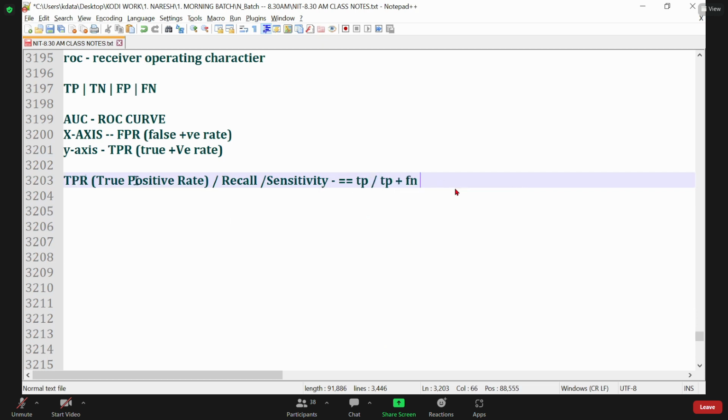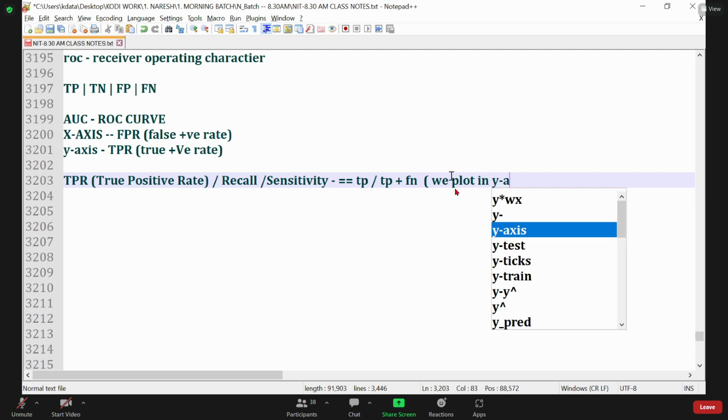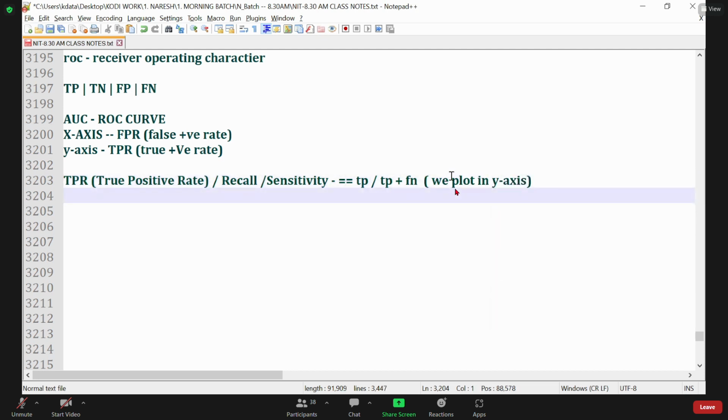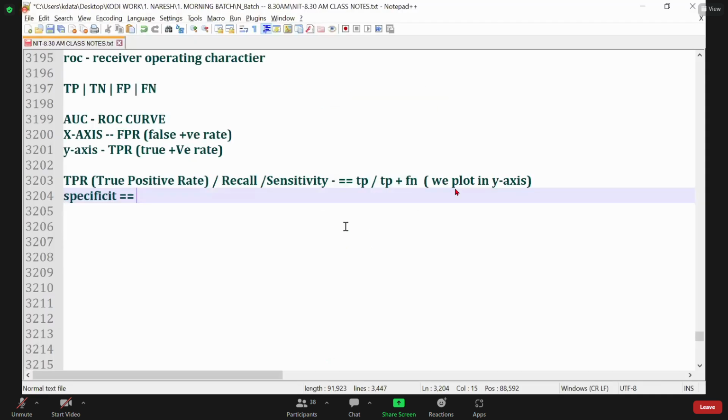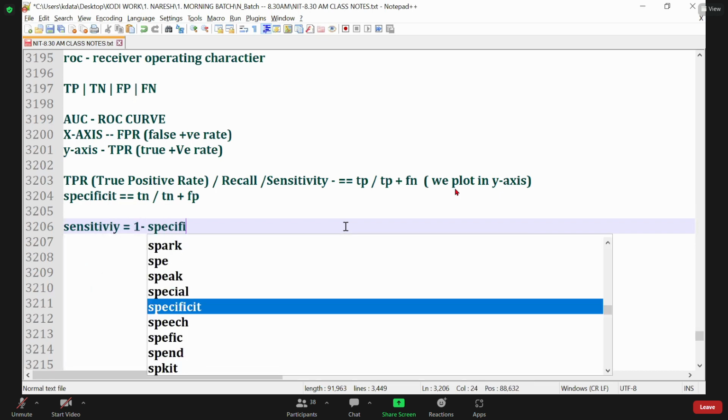This is the TPR. Do you understand? And this TPR, we plot on the x-axis or y-axis? Y-axis, isn't it? Am I clear? Very simple, guys. Now, specificity. What is meant by specificity? The formula for specificity is TN by TN plus FP. And in another way, can I write sensitivity equals 1 minus specificity? Can I write this or not?